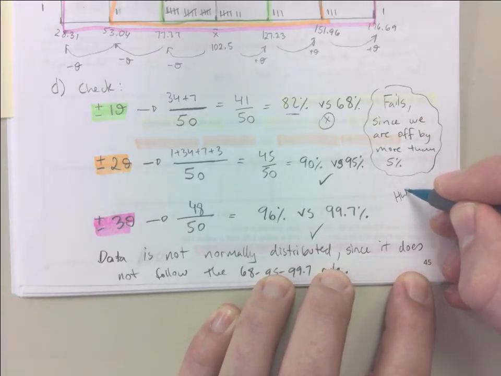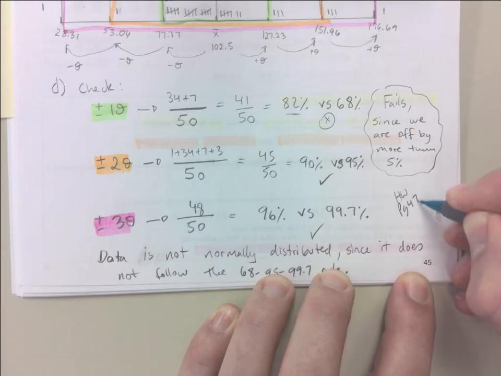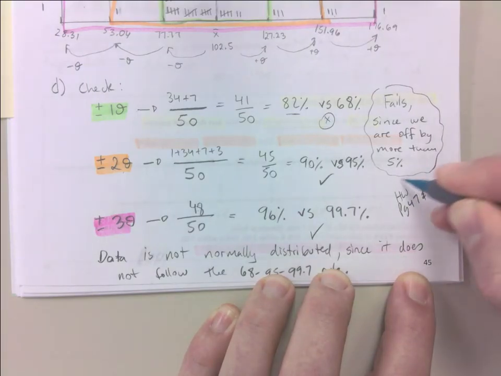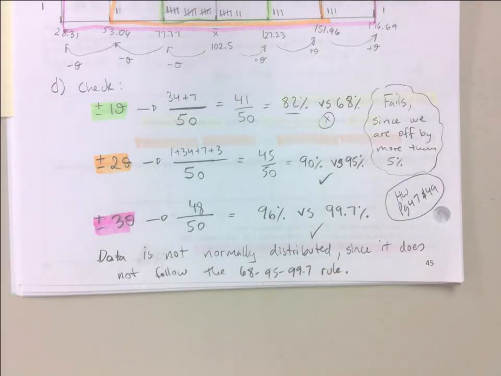Sorry, it's small, but page 47 and 49. One is normally distributed, one is not. That way you have, I will post more questions if you'd like to try more.